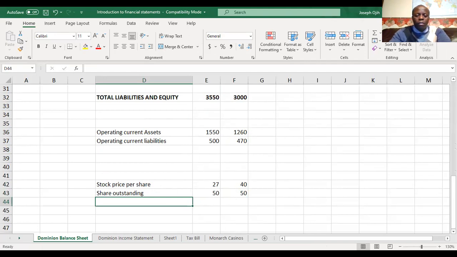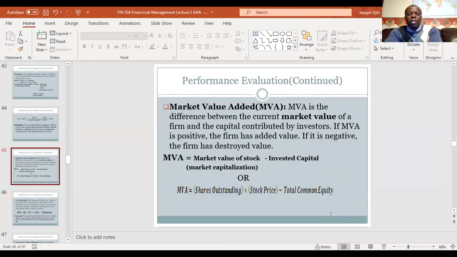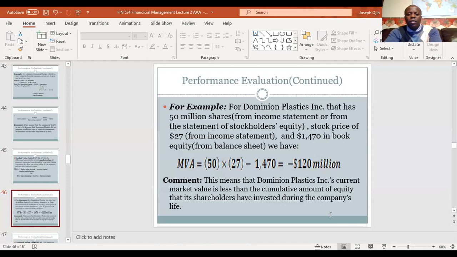MVA, which is market value added. Excuse me, I clicked on the wrong thing. Okay.